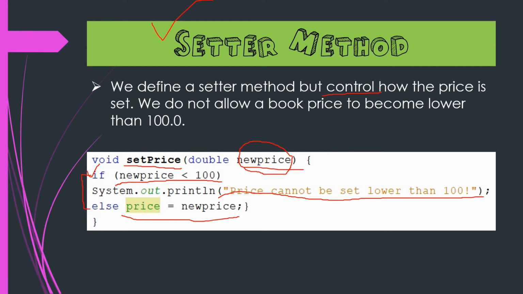But if it is not greater than or equal to 100, meaning it is less than 100, then this value will not be acceptable and instead a statement would be printed. So this is how we have given controlled access using the setter method.